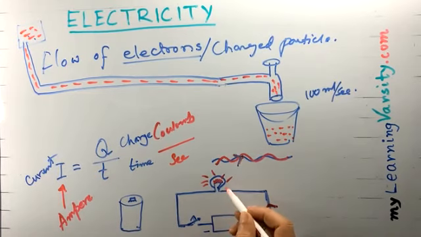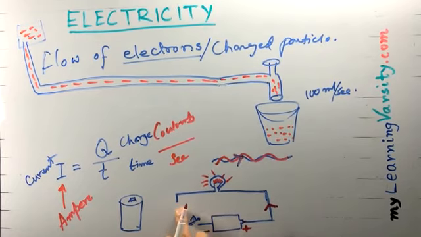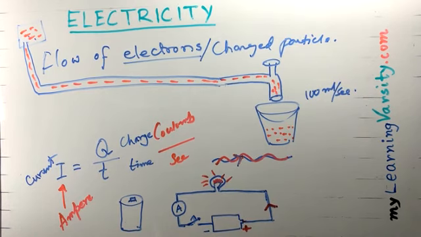So to measure how much flow is there, what you can introduce here is one meter. Its name is ammeter, and it is represented by this A. This switch is represented symbolically by these two brackets and a dot.